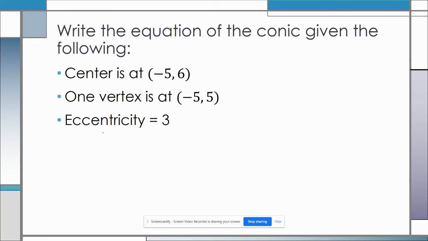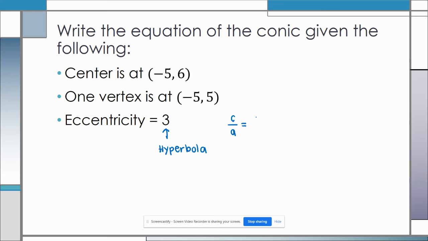So the moment we're talking about eccentricity, we're going to be thinking either ellipse or hyperbola. And in this case, since the eccentricity is 3, that tells us that because it's greater than 1, we're going to have a hyperbola.